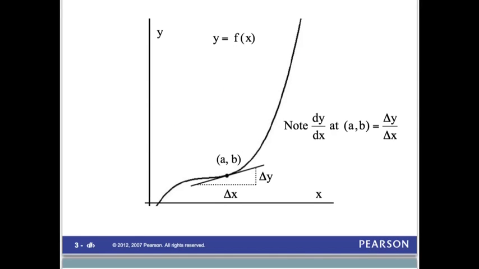Now let's look in general, and we're going to show that if you pick any given point, like A and B, on an original function, you can imagine the slope of the tangent line, and I've drawn it here as a tangent line.